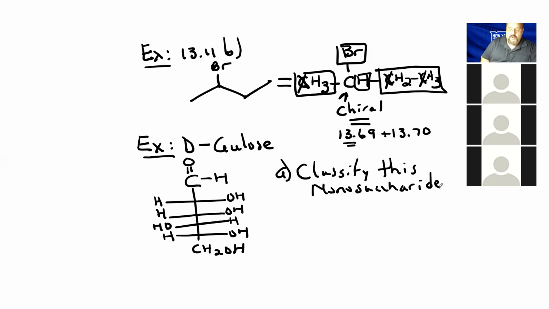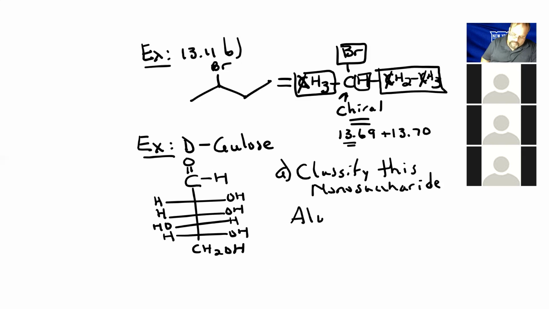And as you saw, you put those two ideas together, aldo or keto, and then the length of the carbon chain. So if we ask you to classify this monosaccharide, how would you come up with it? Well, first off, what type of C double bond O group do we have here? Do we have an aldehyde or a ketone?